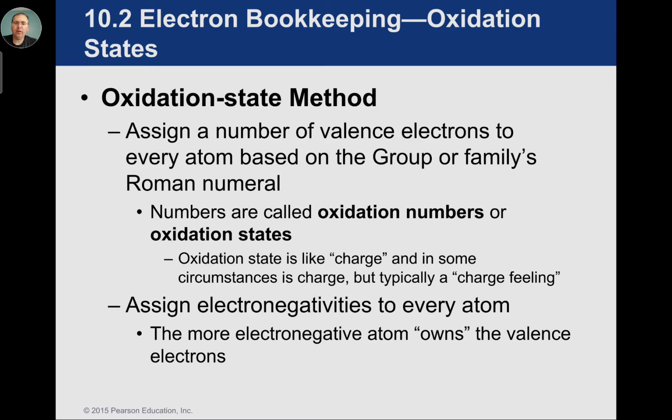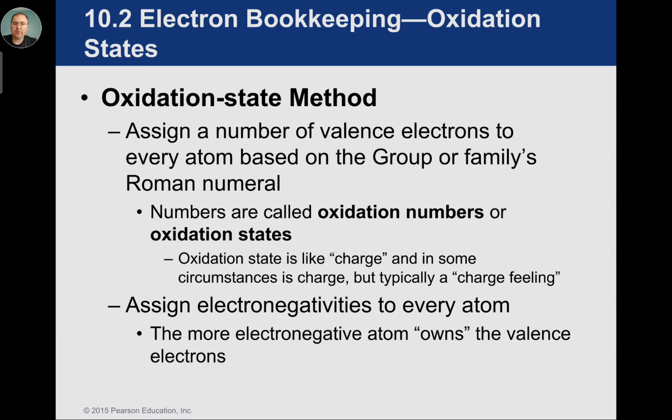But in a way, oxidation state is like the charge inside the molecule that adds up to be the overall charge. So oxidation state, almost synonymous with charge, but it's not exactly charge. It's just going to look like it when we put it into that upper right corner as we'd seen it earlier in the semester.